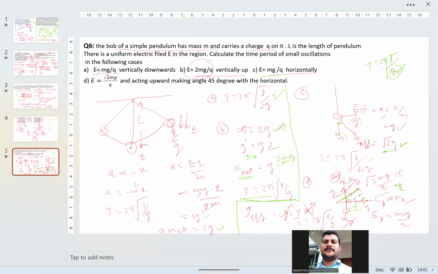So Ax is equal to g i cap and Ay is equal to g j cap. Here Ay, g j cap, and the downward g, minus j cap, get cancelled. Only g effective equal to g i is there. Therefore the time period is 2 pi root over L by g. Here the restoring force is only because of the horizontal force. These are the explanations I'm giving you. Thank you all.